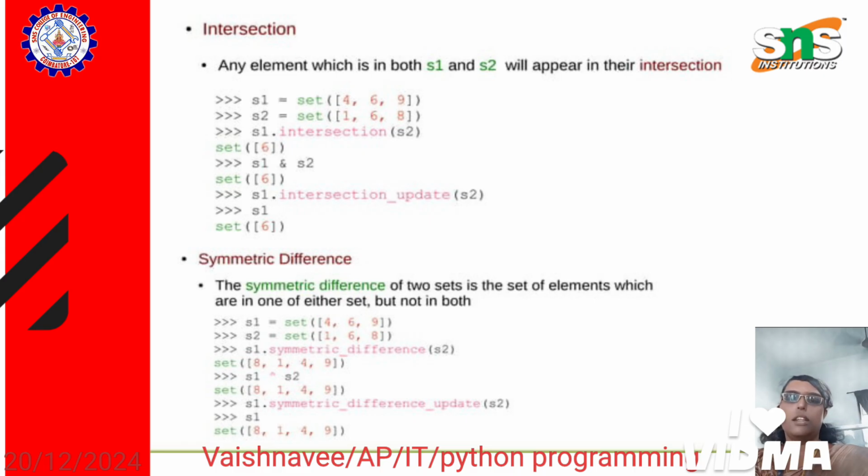So it removes the 6 and gives 1, 8, 4, 9. It is also represented by the caret symbol, S1 caret S2, and by S1.symmetric_difference_update(S2). It will give the values like that. So this is about symmetric difference.